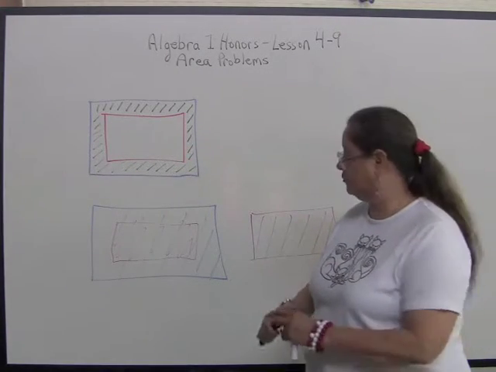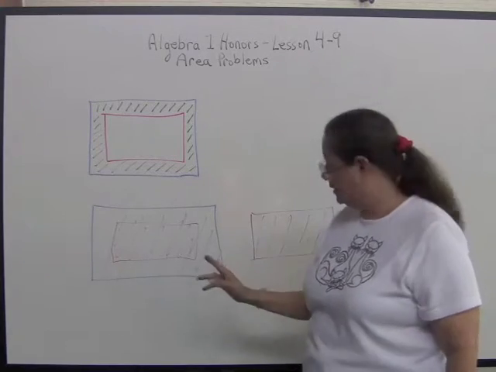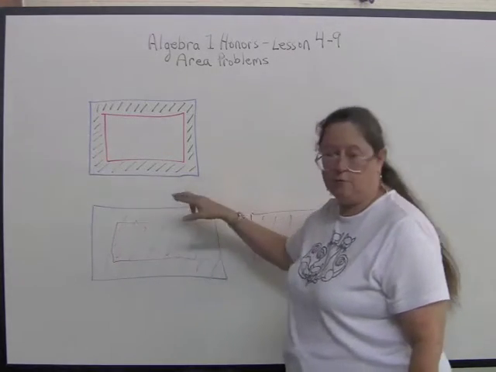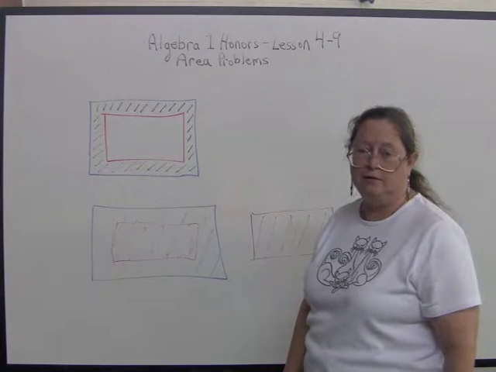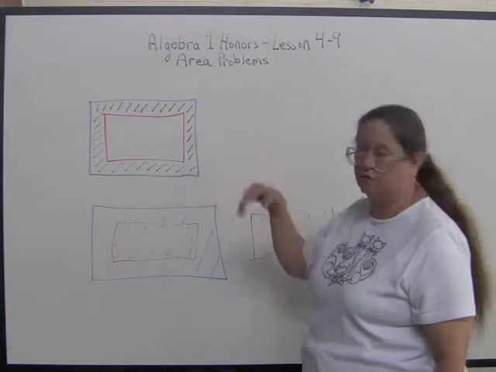Or you can imagine taking a scissors, cutting out the red rectangle in the middle, and what's left is going to be just the border, the black border that's colored.